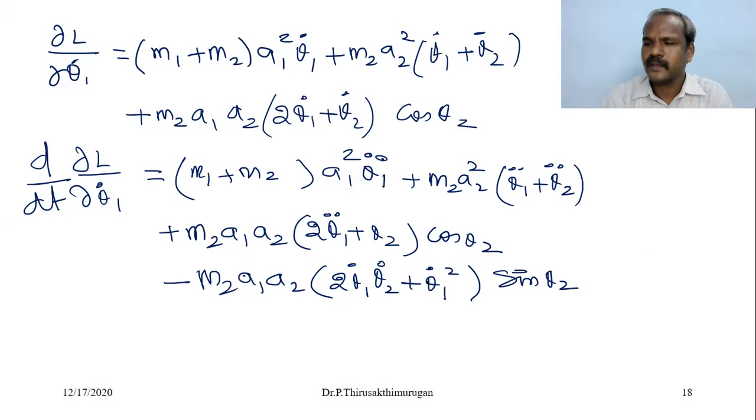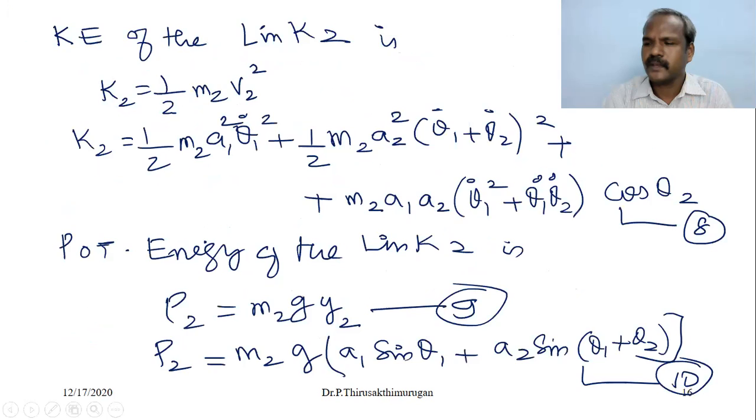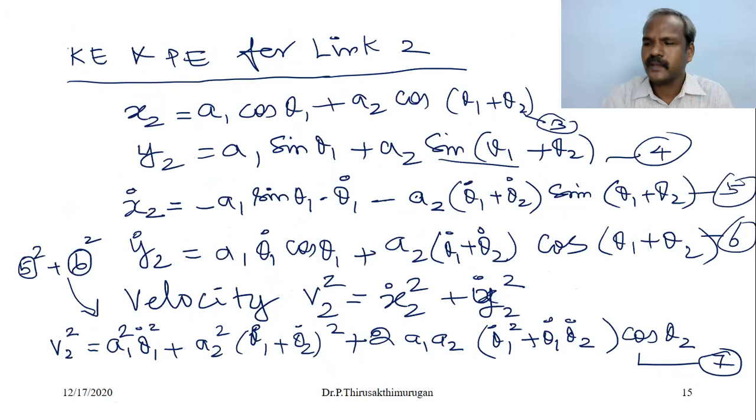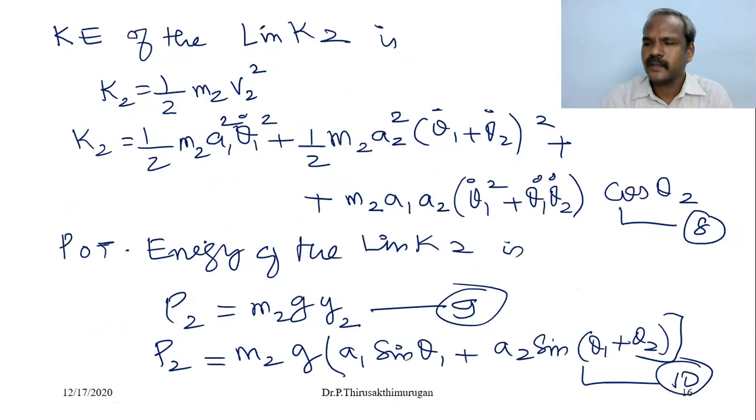Okay. Next, we have to compute. If you simplify this, dou L by dou theta 1 dot, we found it. Then we have to find dou L by dou theta 1 only, because in the Lagrangian equation, so what is the formulation?